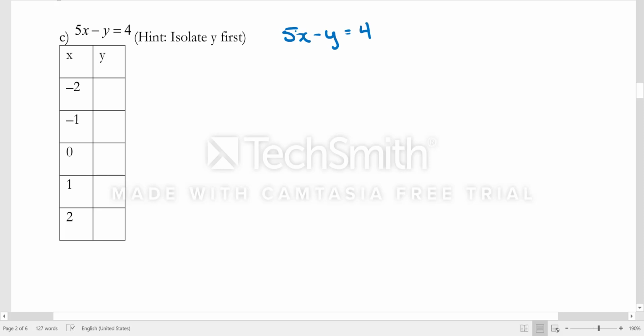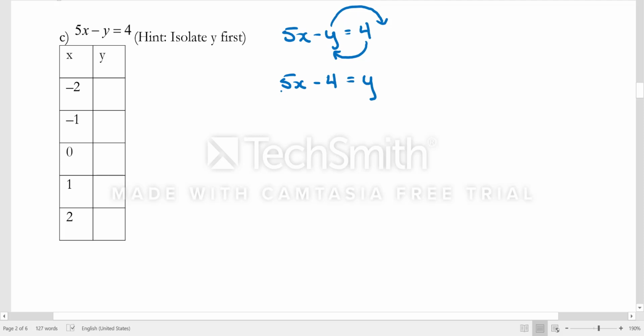So what we're going to do, instead of putting the x over here because we were so used to that, we're actually going to put the y value on this side. And we're going to move the 4 over to the other side. So we actually have 5x minus 4 equals positive y. And that way our answer, or what we get for our value of y, is the positive value of what our solution is here.